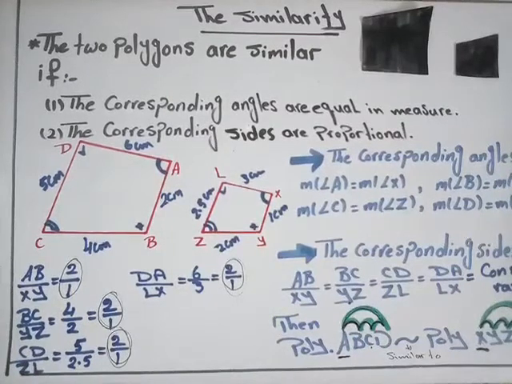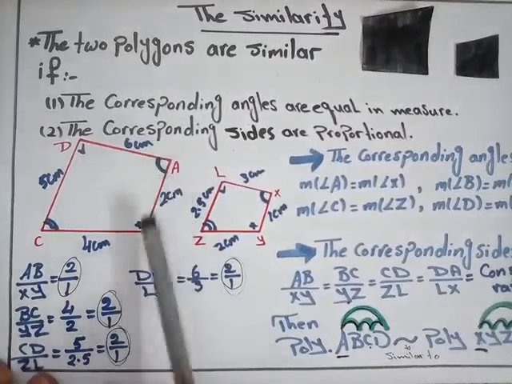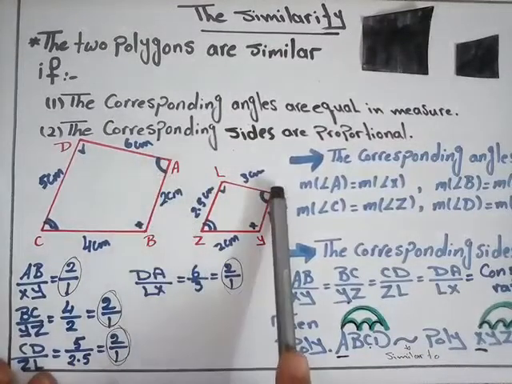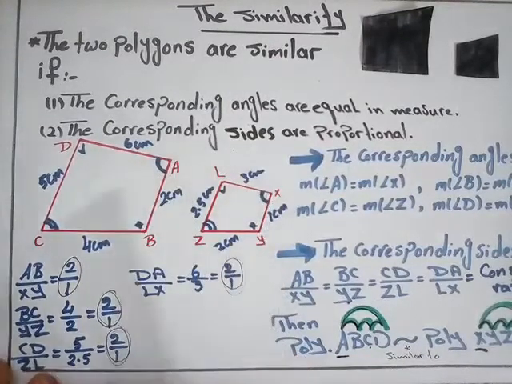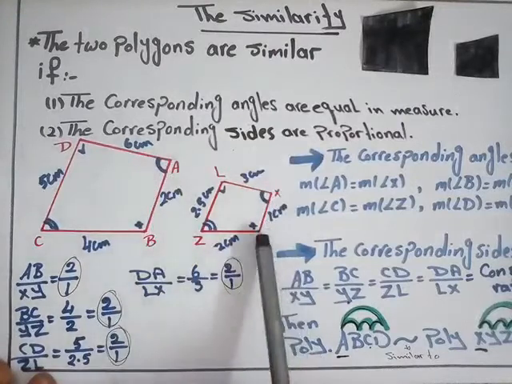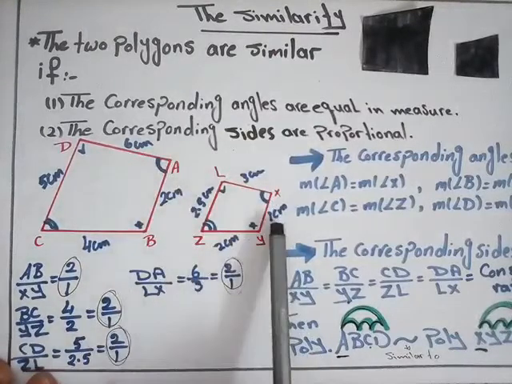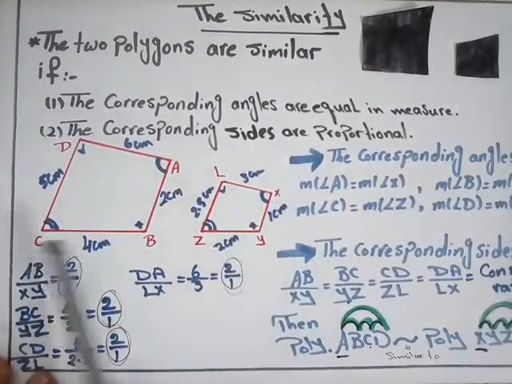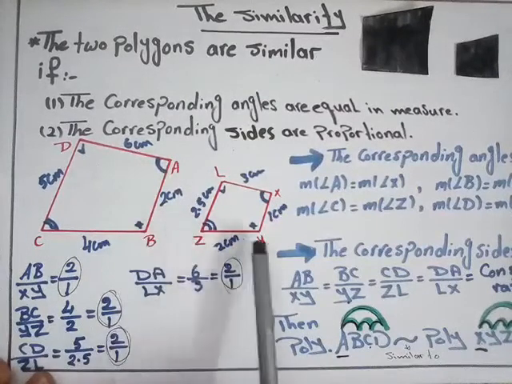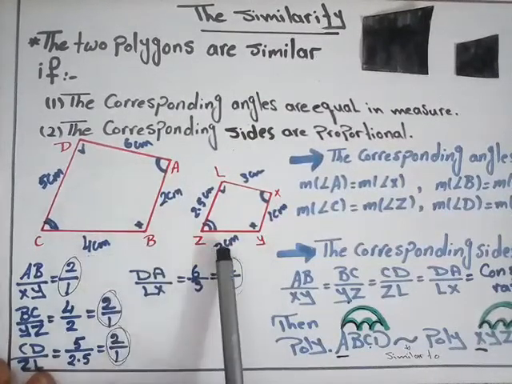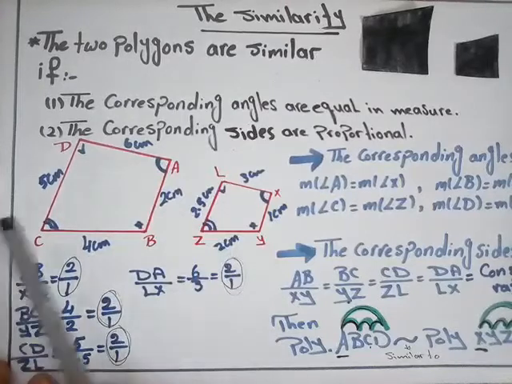And the ratio between each two corresponding sides is the same. The ratio between the side AB and the side XY, AB over XY, equals 2 over 1. CB over ZY, 4 over 2, equals 2 over 1 after simplifying it.